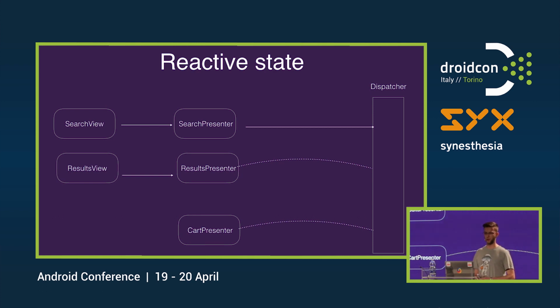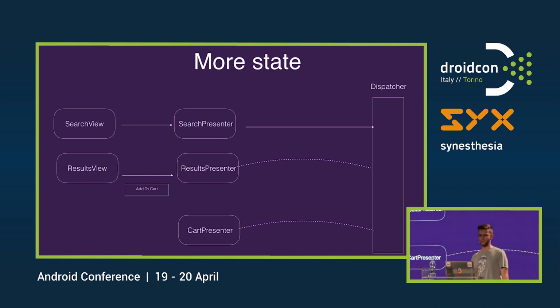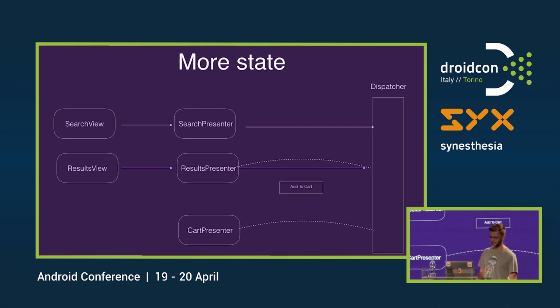So rather than our result presenter needing a hard reference on the cart, we can continue this relationship and have our result view dispatch an add to cart state, which our cart presenter will then get. Notice that our result presenter is both a consumer and a producer of state. And it only needs to interface with our dispatcher to be able to do this.